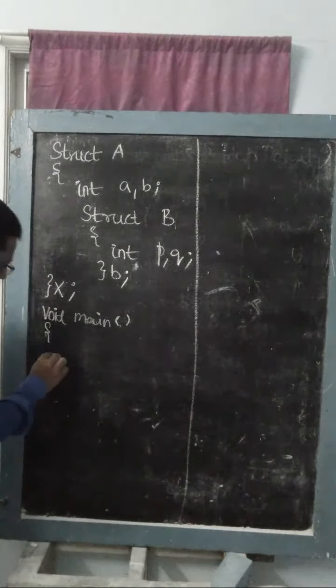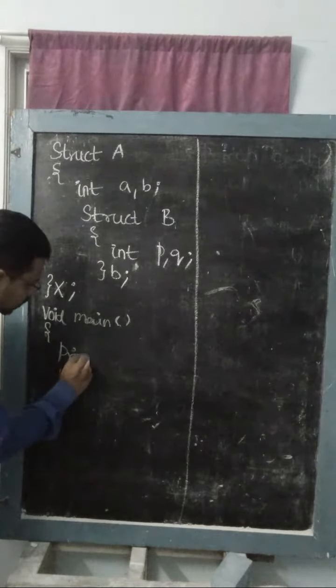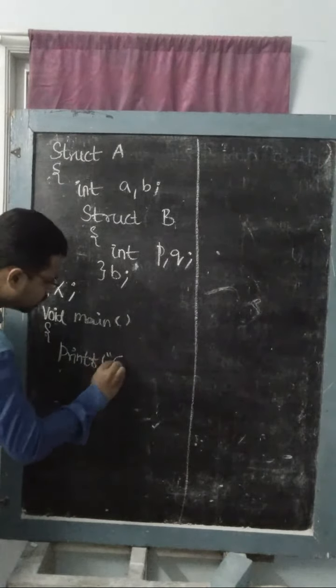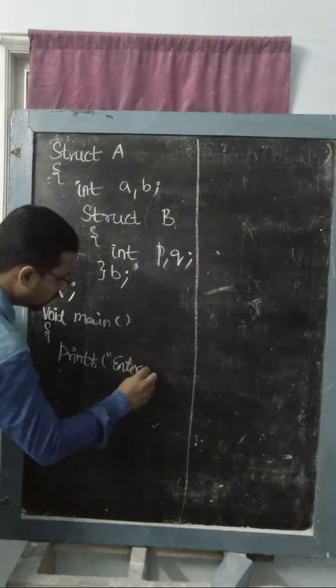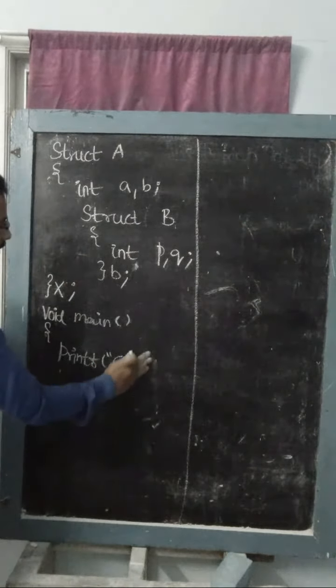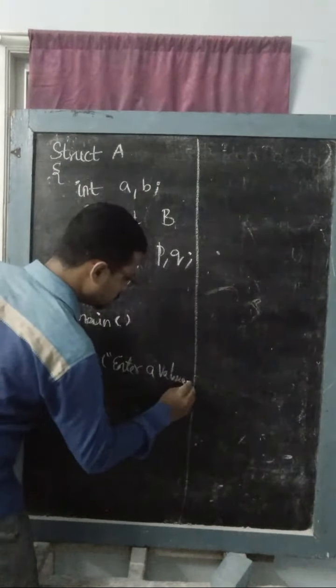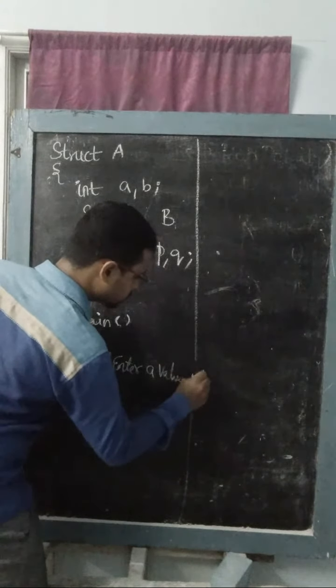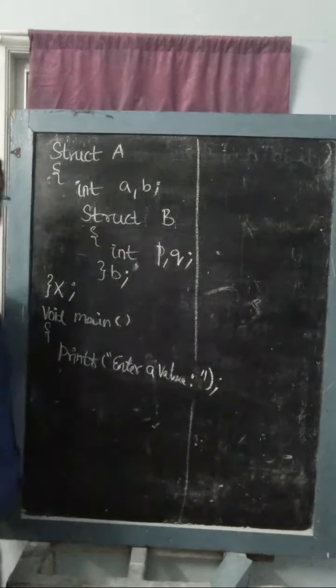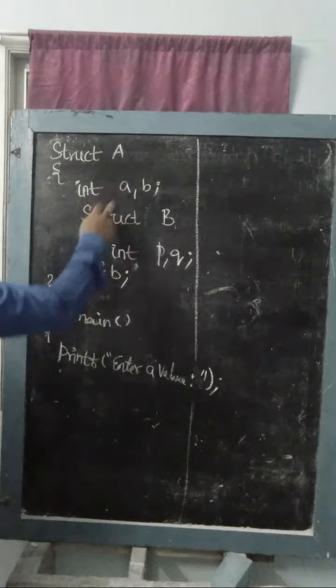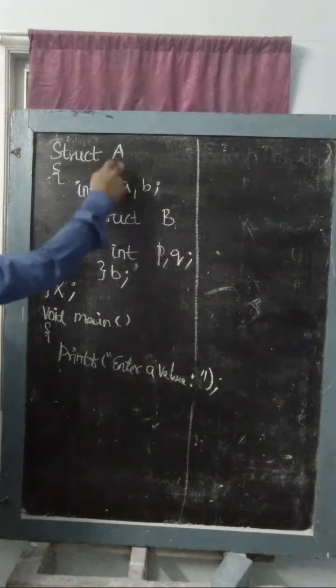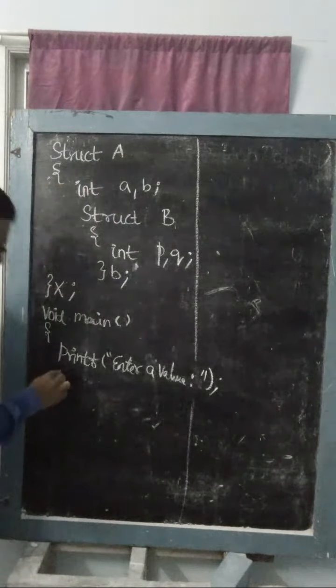Now printf, enter a value. A is an integer. A is an element of the A structure.